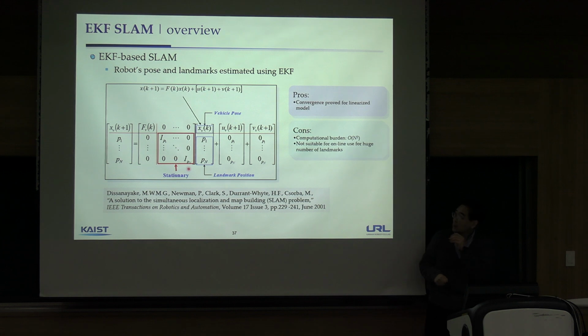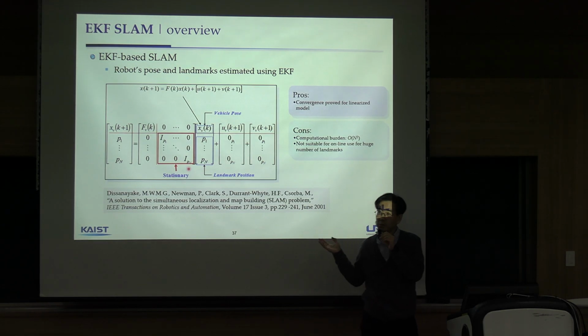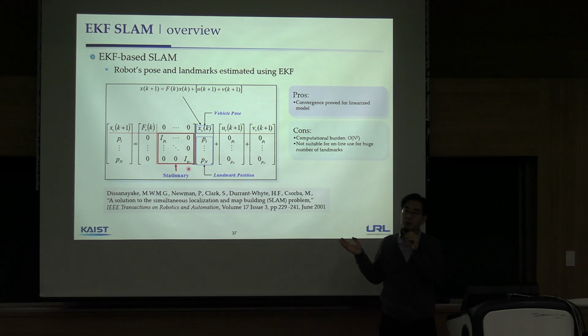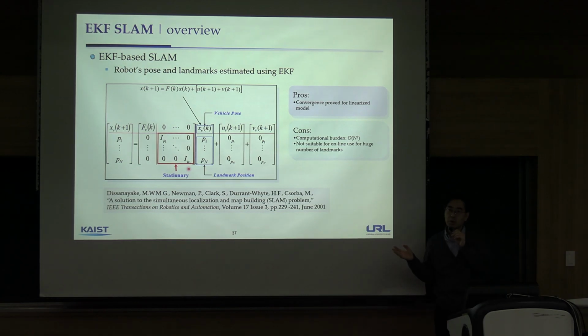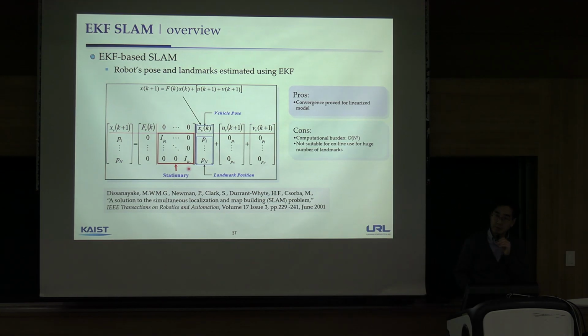So if you have a very large number n, for example 100 landmarks, then we should perform a 100 by 100 matrix inversion. To do it in real time is almost impossible. So this requires a lot of computational burden, and it is not suitable for online use with a huge number of landmarks.